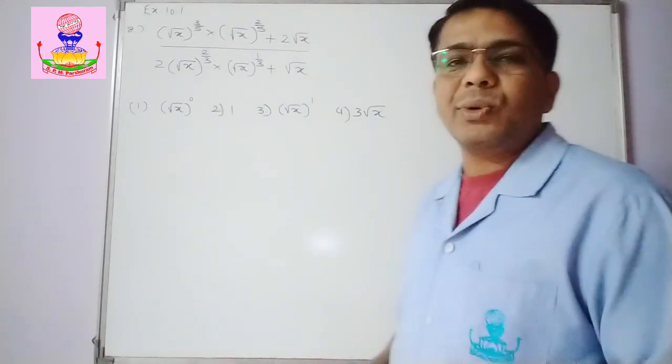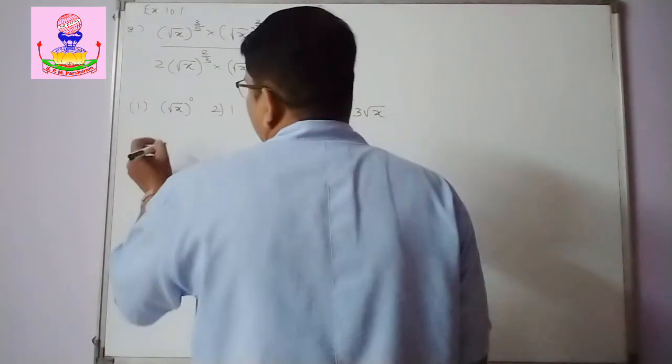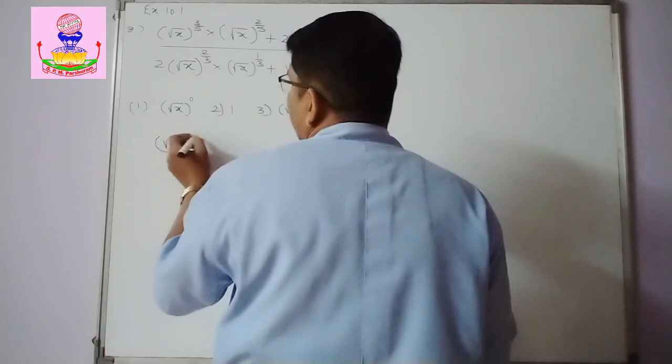That is, a raised to m into a raised to n is equal to a raised to m plus n. You can see the denominators are the same, so there is no question of equalization.